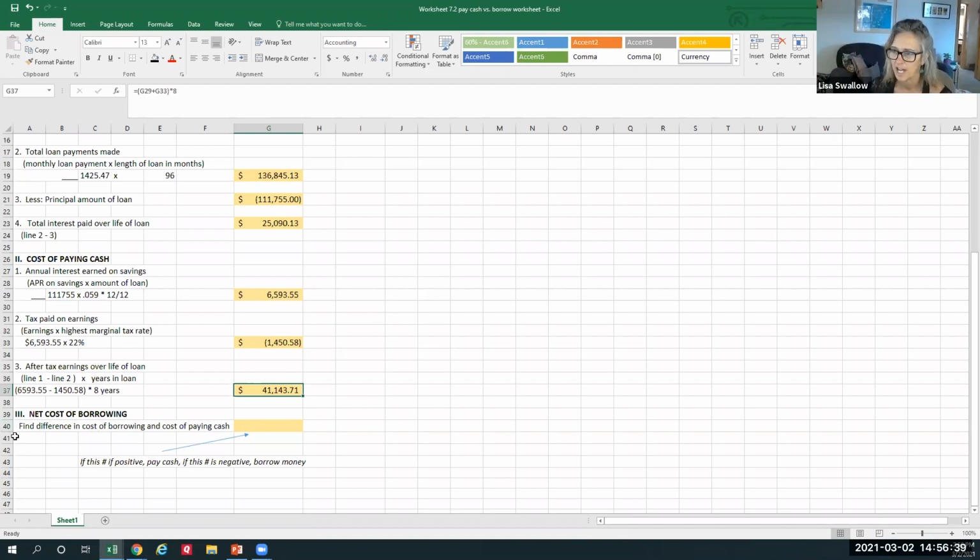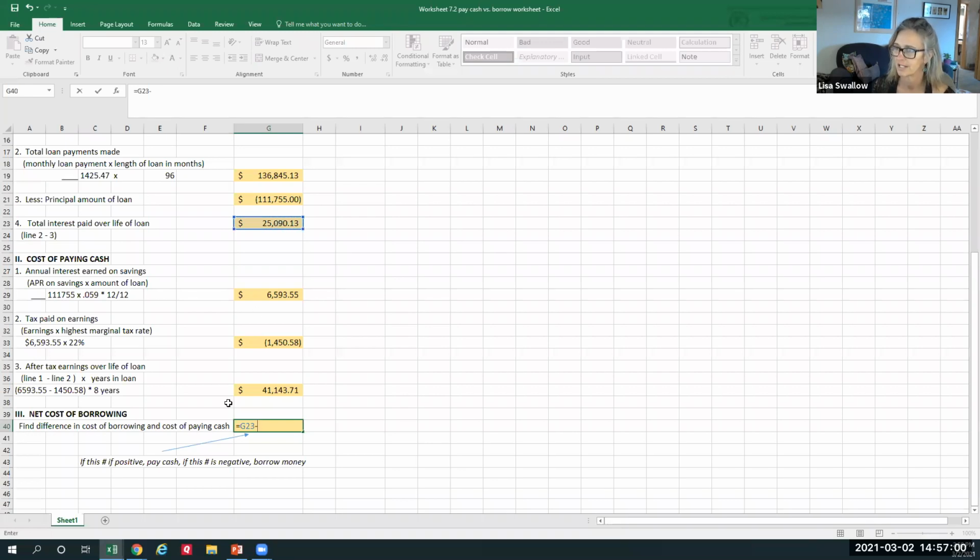So find the difference, part 3 now. Find the difference in the cost of borrowing and the cost of paying cash. So it's, obviously, the 25 minus the 41. So this one minus this one.